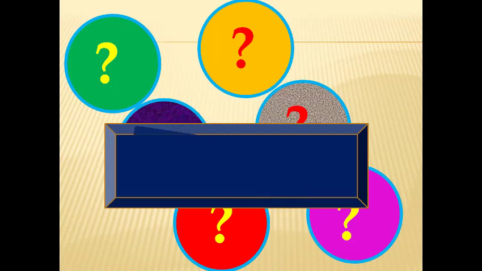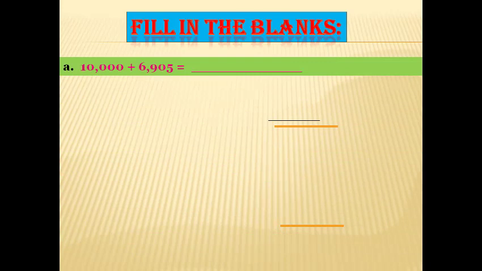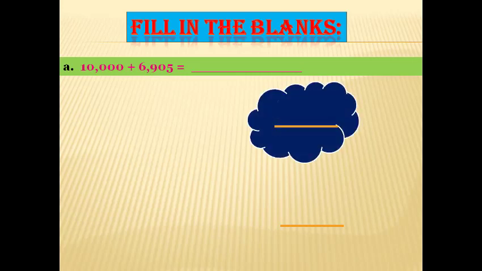Now the assessment time. Fill in the blanks. A. 10,000 plus 6,905 is equal to dash. Now students, match your answer with this solution. 10,000 plus 6,905 is equal to 16,905.